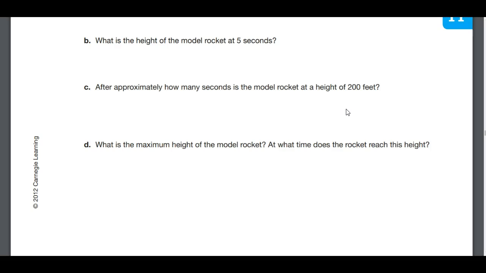Let's make that 0.01 and hit enter. And then if I trace, I can see that, yep, it hits 200 feet at 6.95 seconds. So it reaches this height at 1.8 and 6.95 seconds using my graph trace.